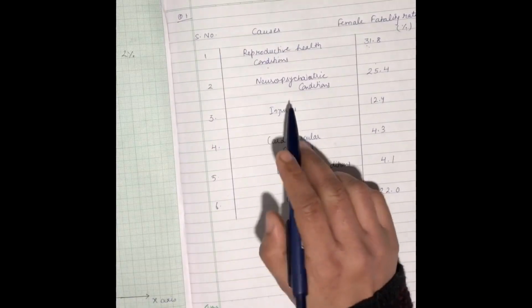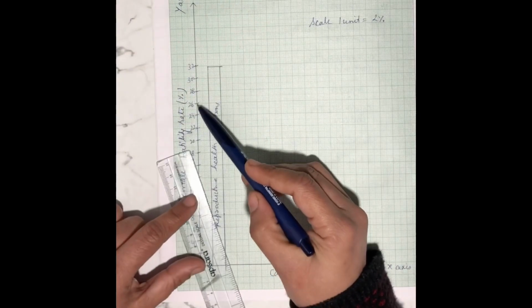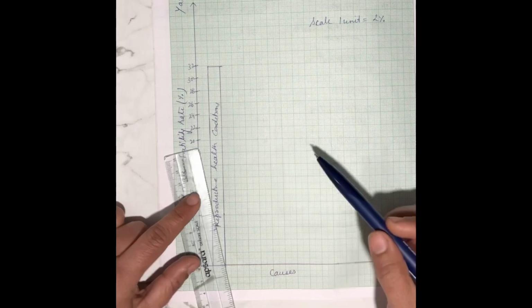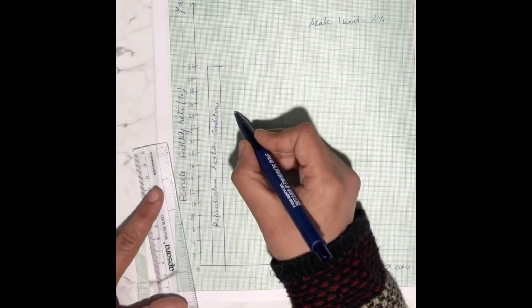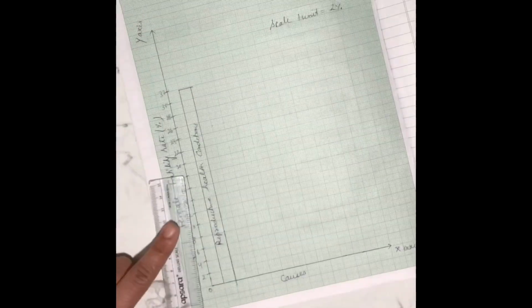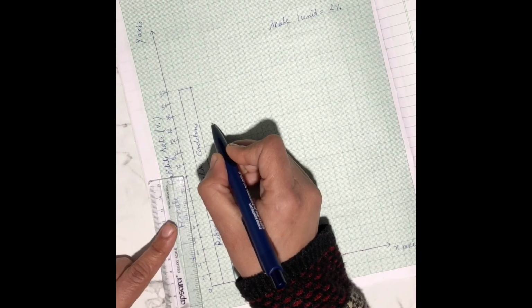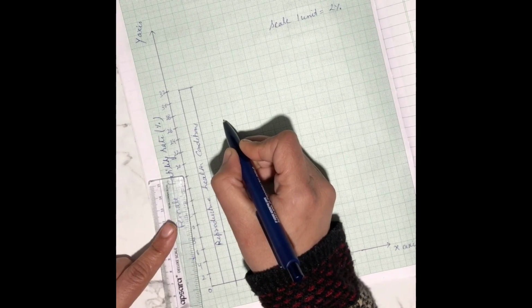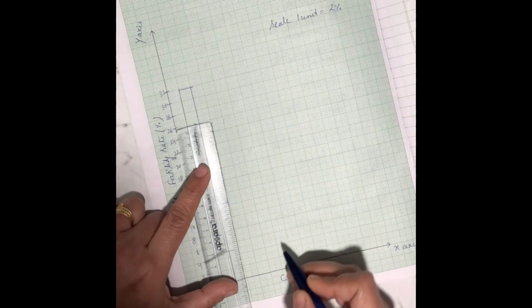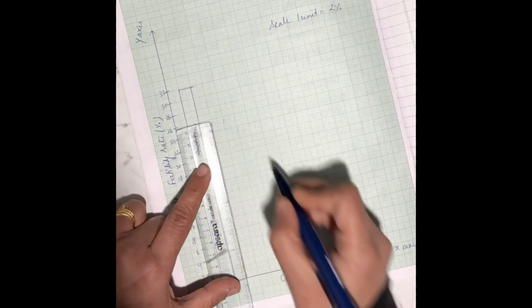Second is neuropsychiatric condition, which is 25.4. 25 will lie exactly between these two, so first we will take 25, and since one line represents 0.2%, 25.4 will be exactly 2 lines above this 25.